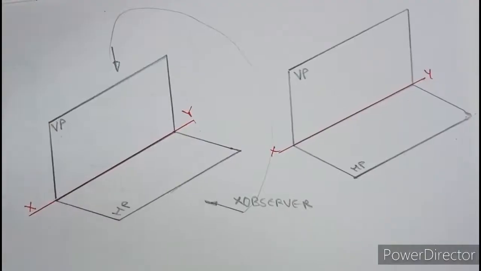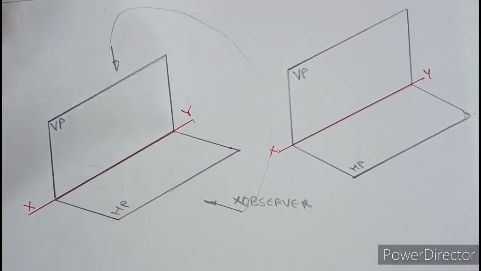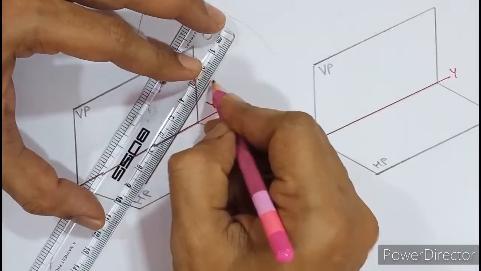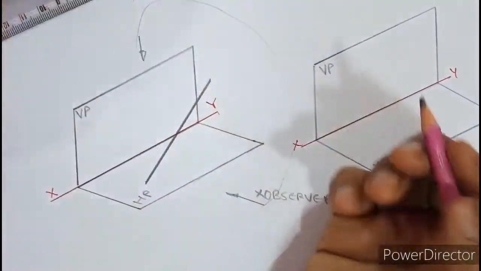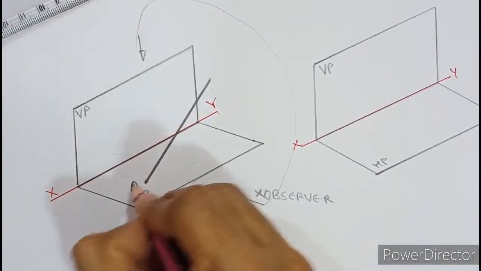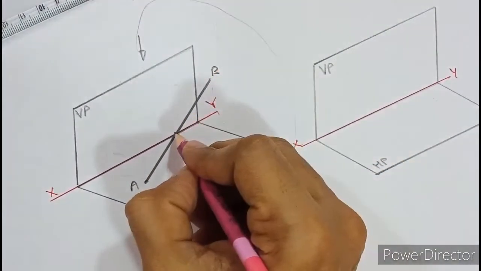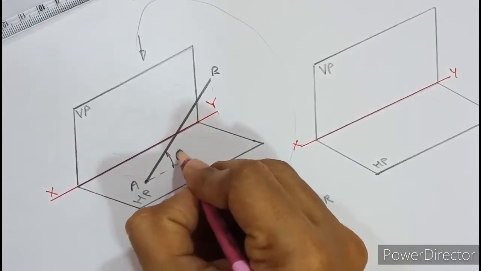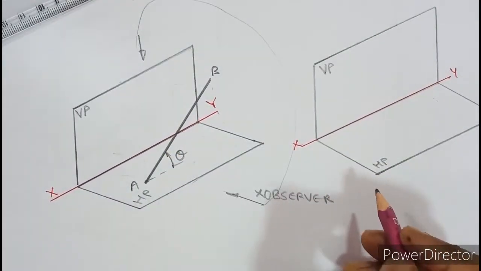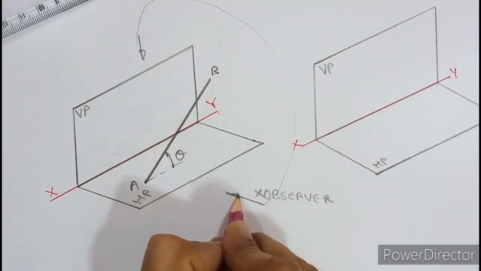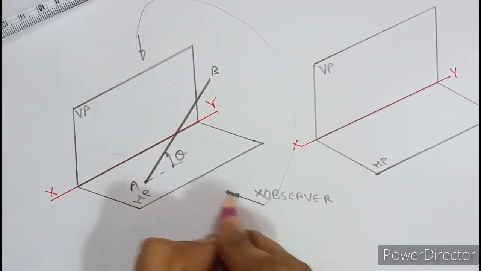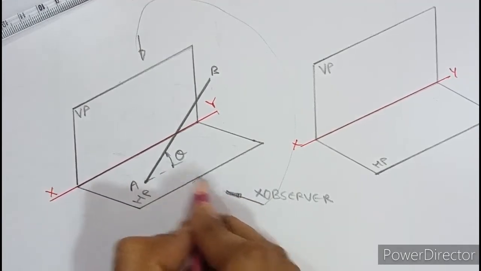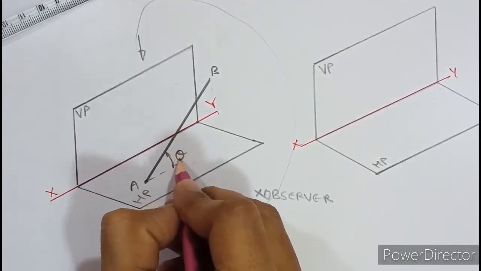So apart from these planes, you also need to understand that suppose I draw a line, as you can see here, and this line is AB. If I draw a line which is parallel with VP, for example, and is inclined to HP by theta, then when you look in the front view, only in the front view you can see the true inclination theta.